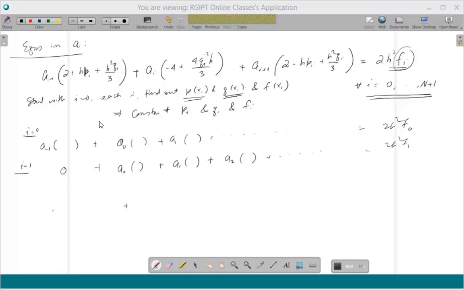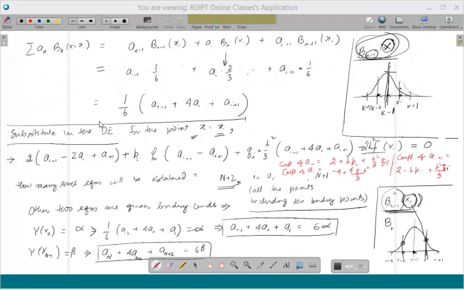So this way, actually, you can see that you will form a tri-diagonal kind of system, and then there are 2 more equations which we just listed down earlier, which were these ones, right? a0 and a1, and a minus 1, a0 and a1, an plus 1, and plus 2, right?